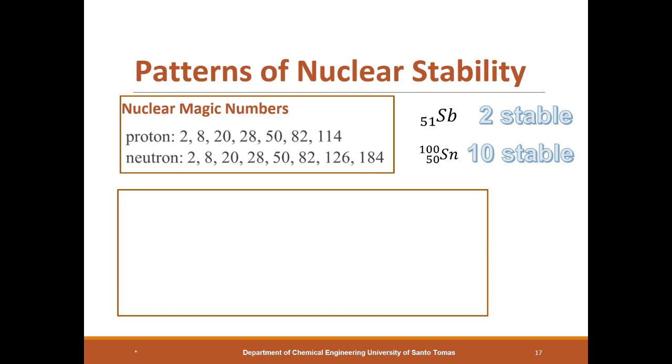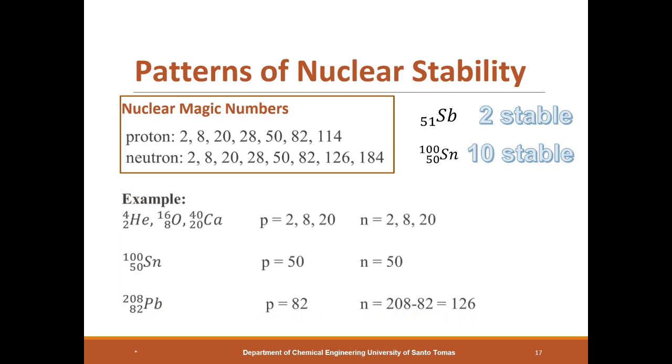The numbers 2, 8, 20, 50, 82, and 126 are called magic numbers. The significance of these numbers for nuclear stability is similar to the number of electrons associated with the very stable noble gases, that is 2, 10, 18, 36, 54, and 86 electrons. The following are some examples of nuclei that utilize these magic numbers.